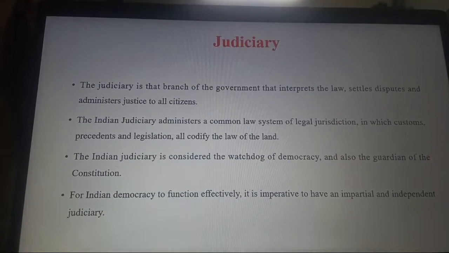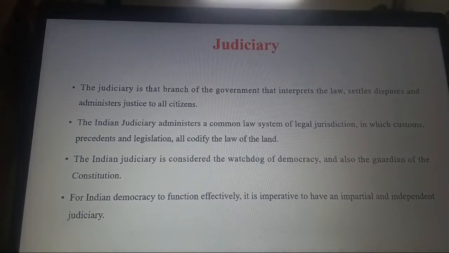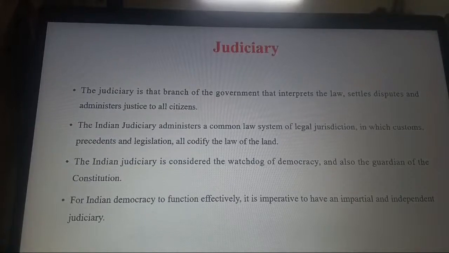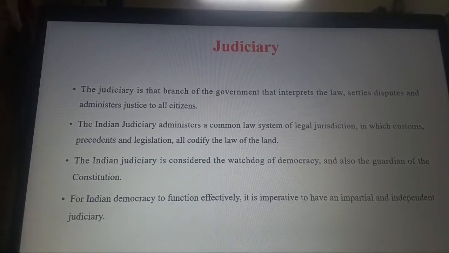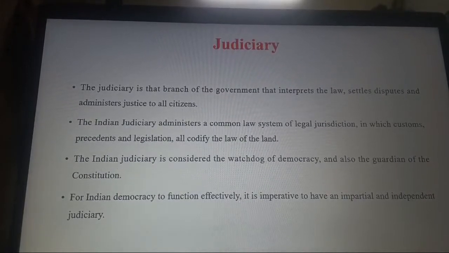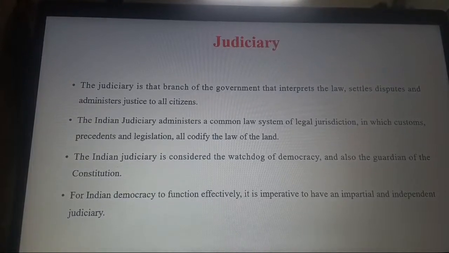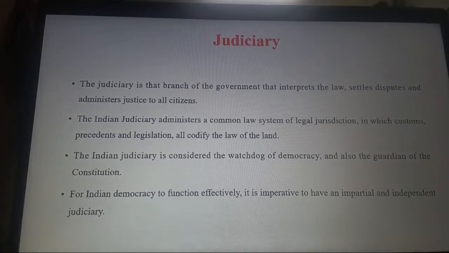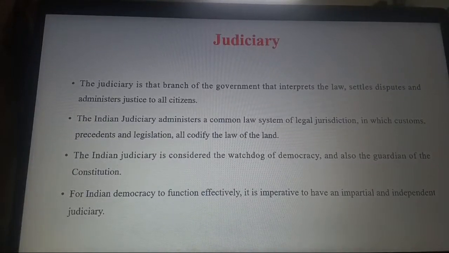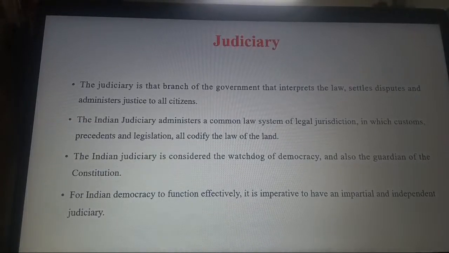Judiciary. The judiciary is that branch of the government that interprets the law, settles disputes, and administers justice to all citizens. The Indian judiciary administers a common law system of legal jurisdiction in which customs, precedent, and legislation all codify the law of the land.